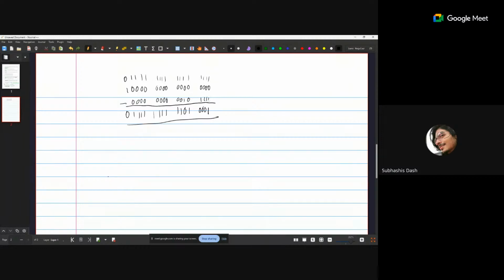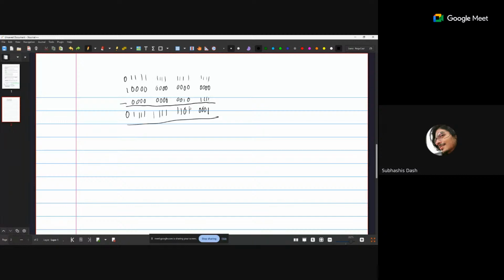Although it is a bit complicated to reach over here, you'll have to subtract from this number. But once you do that, it is not that tough to do. It's really quite simple and logical why we are using two's complement and how we are getting two's complement.